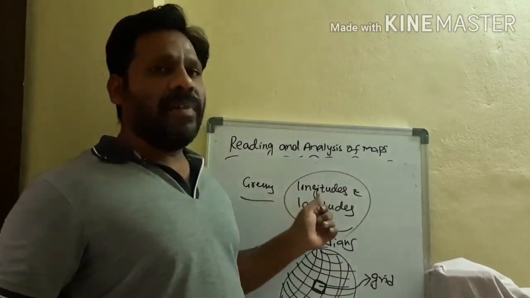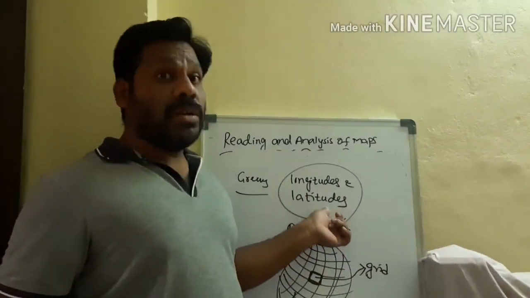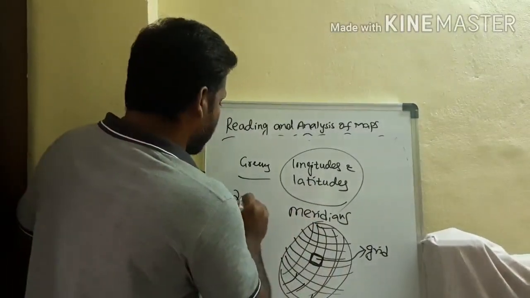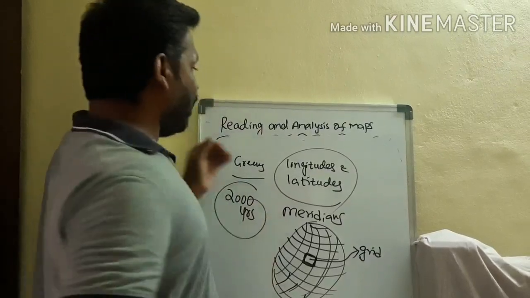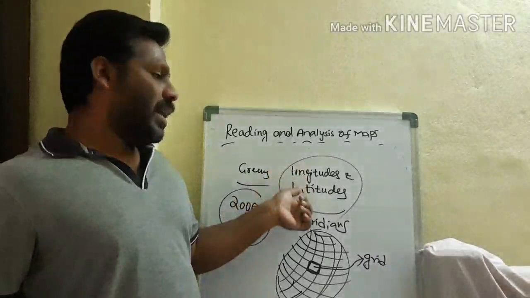With the longitude they can find the time, and with the latitude they can find the place. It is not an easy task. It took more than 2000 years to find the exact location for the place and time.